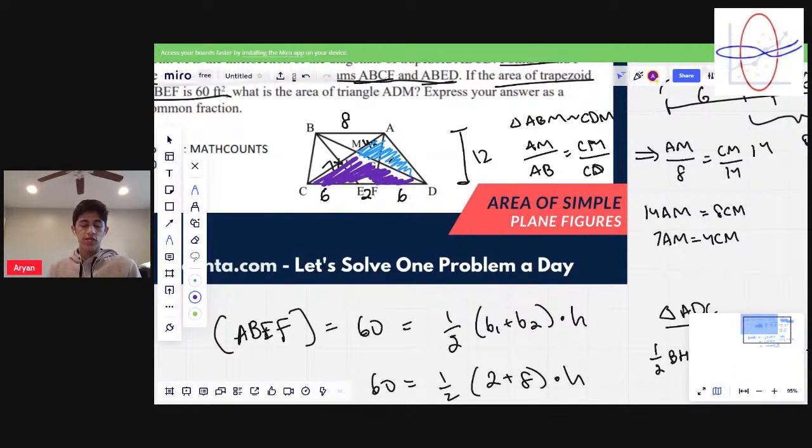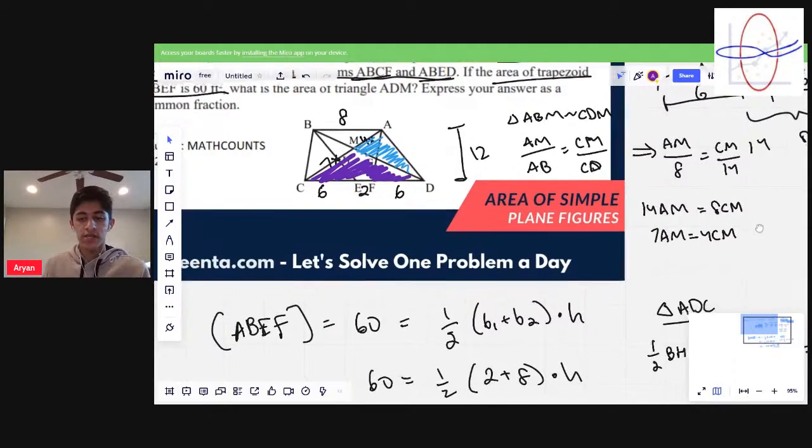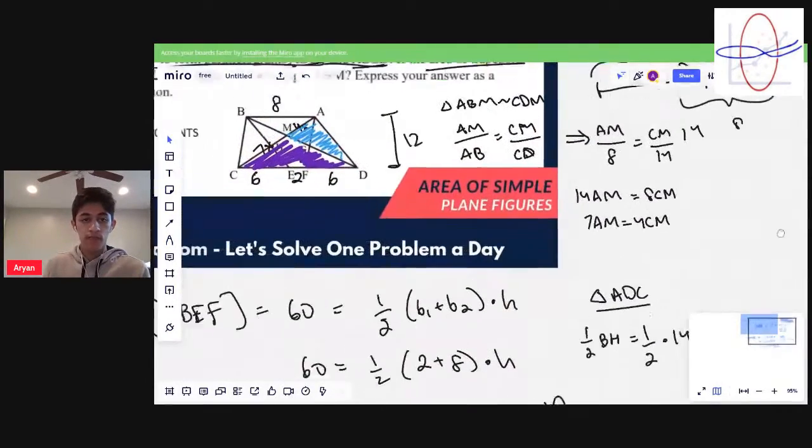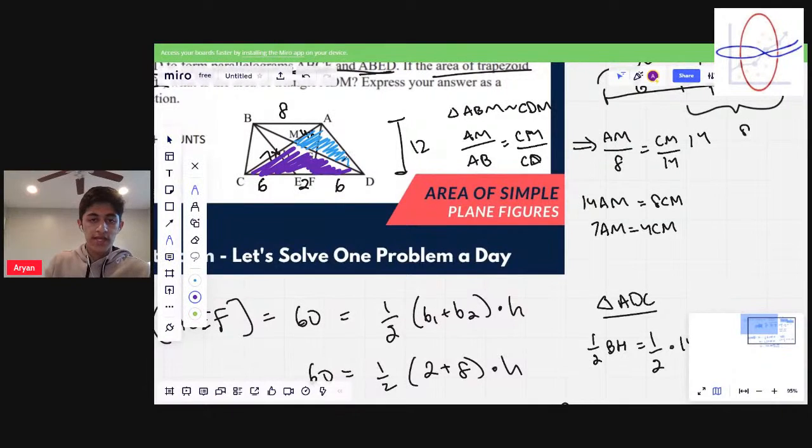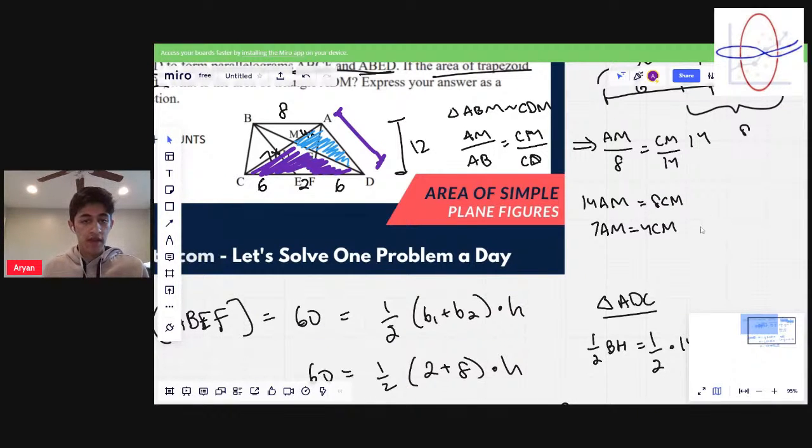These two areas, the blue plus the purple, have to add up to our total ADC, which we found to be 84. Also, the heights of these triangles with respect to AC are the same. The height is basically just this value right here. But we know the bases have a ratio of 4 to 7. So the areas of the triangles also have a ratio of 4 to 7, because the bases are 4 to 7 and the heights are the same.